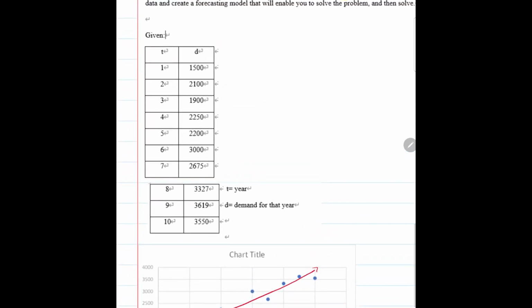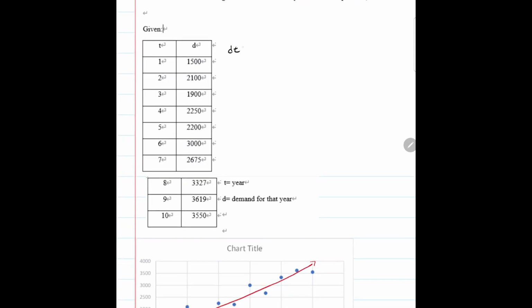So there are things that we have to calculate first, which will be the dt, just simply d times t. So 1500 times 1, which is 1500, and 2100 times 2, which is 4200. Okay, let's go ahead and calculate the rest of those.